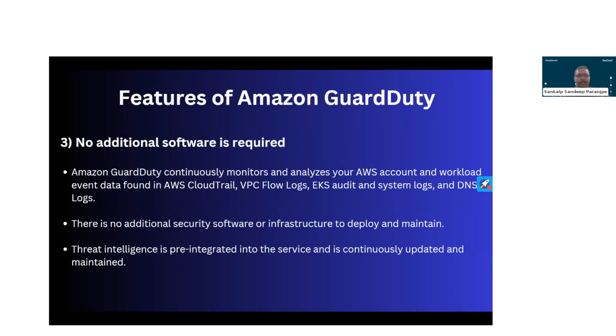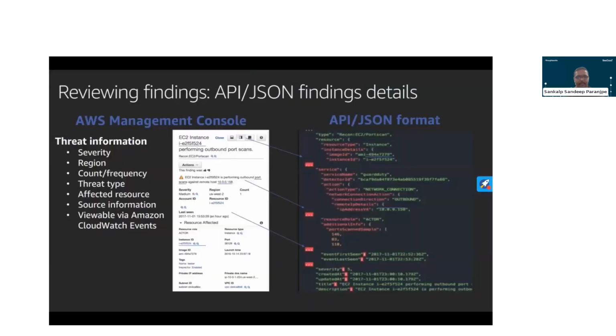Then no additional software is required. The logs which we have seen, the AWS CloudTrail logs, VPC logs, or EKS logs, are all ingested, and it is also pre-integrated with threat intelligence. So we do not need any extra tools or software to integrate with it.